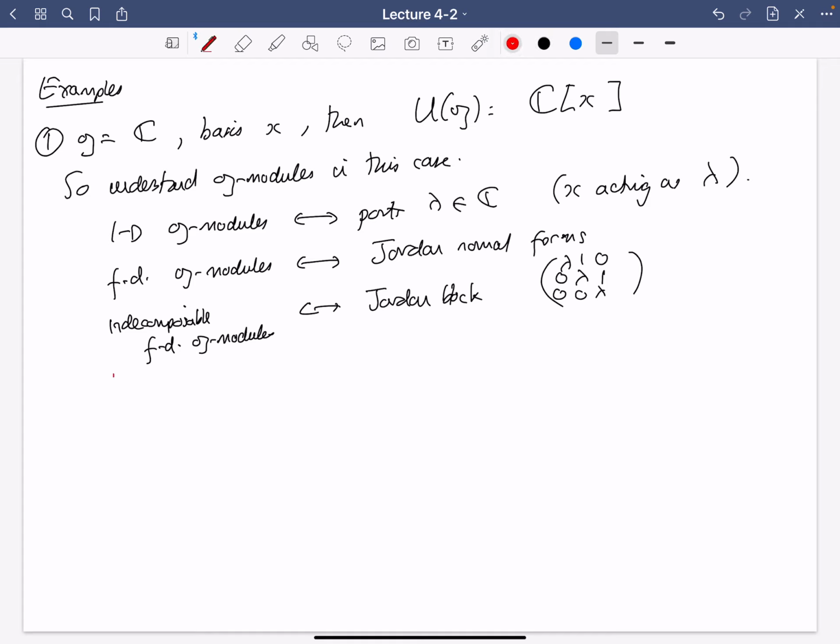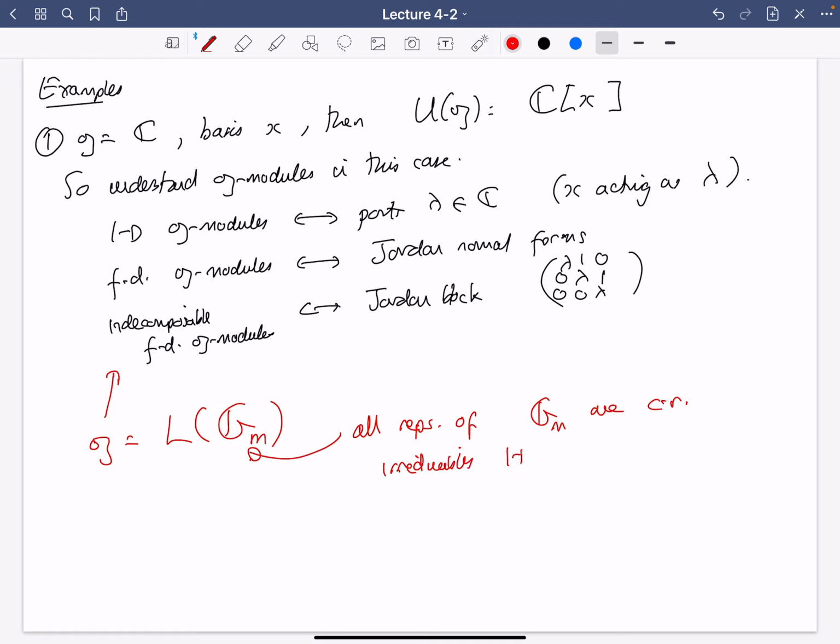But even this case is kind of interesting, right? Because this g is the Lie algebra of the one-dimensional torus, the multiplicative group, and this we understood: all representations of that multiplicative group were completely reducible, and in particular the irreducible ones were one-dimensional, and they were labeled actually by integers.